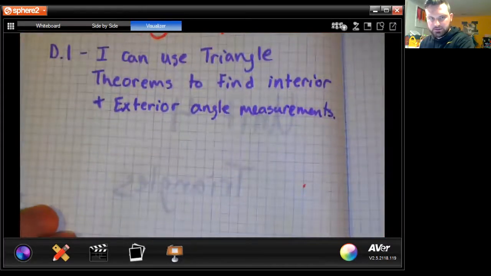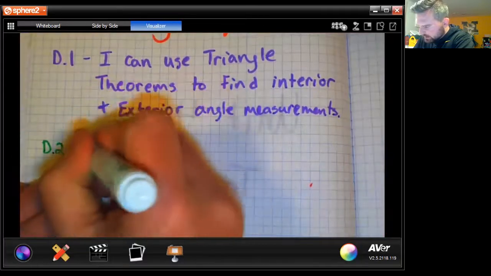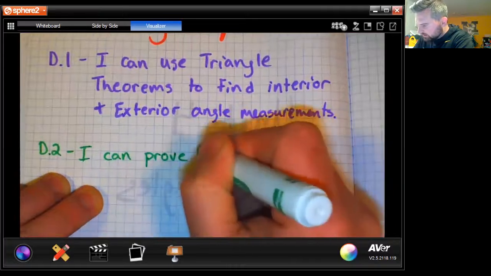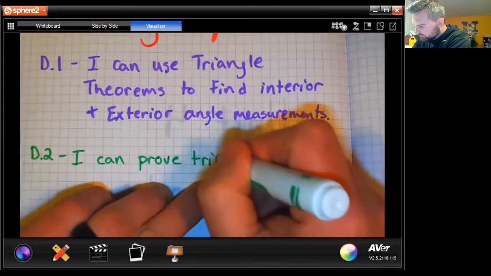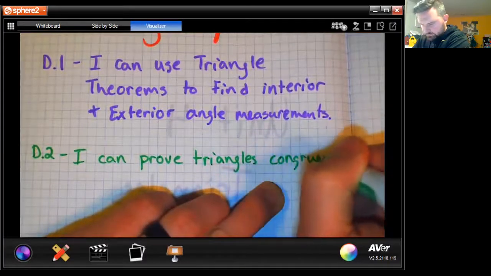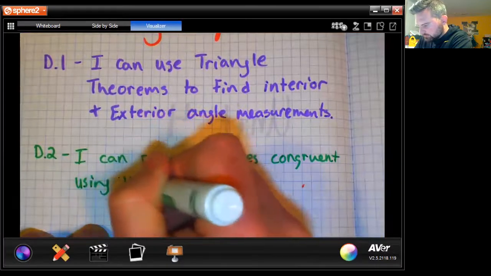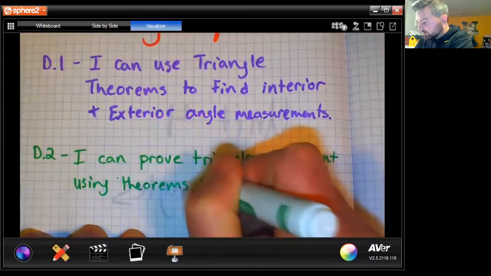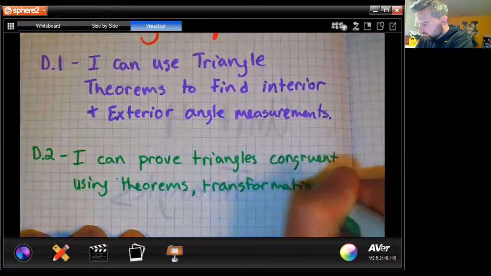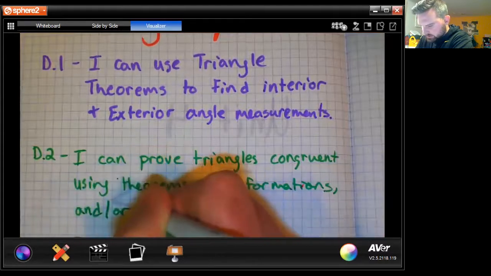Okay, and then D2, I can prove triangles congruent using theorems, transformations, and/or constructions.